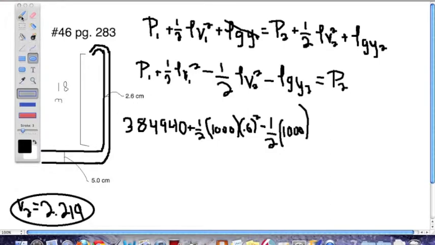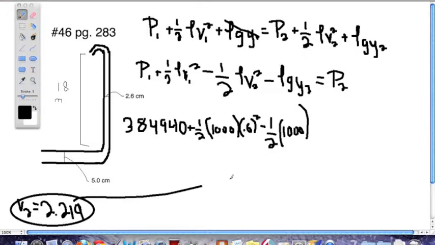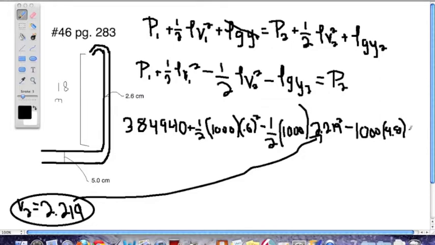So we just plug it in here. And then subtract rho times g, which is 9.8, obviously, times y2, which we know from the problem is 18 meters.